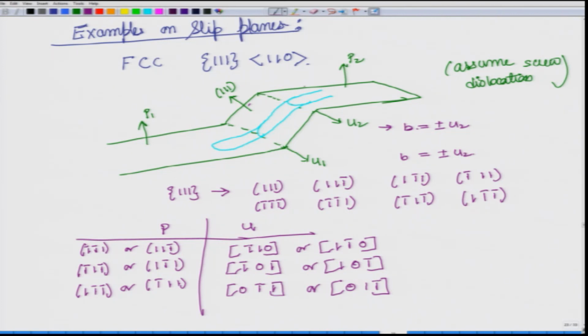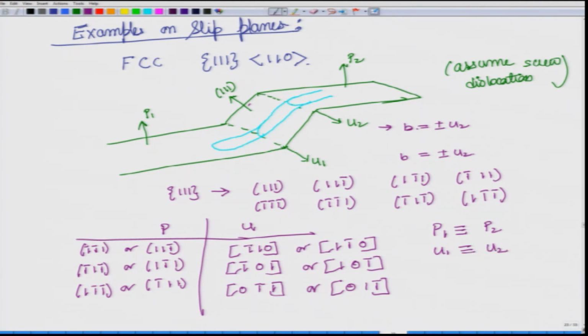If it is the same screw dislocation with the same Burgers vector, then what do you think would happen? Then U2 will have to be equal to U1, because we already know that the Burgers vector does not change. Therefore, what it implies is that P1 must be equal to P2. It also implies that U1 must be equal to U2.